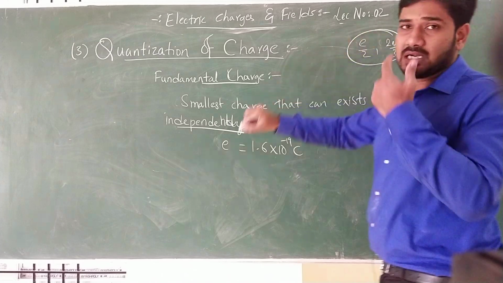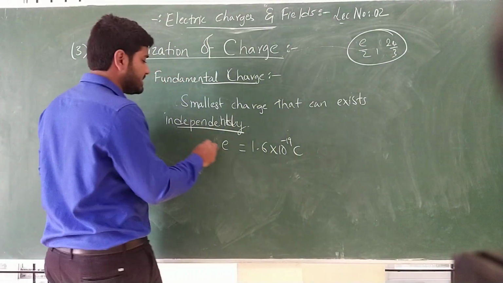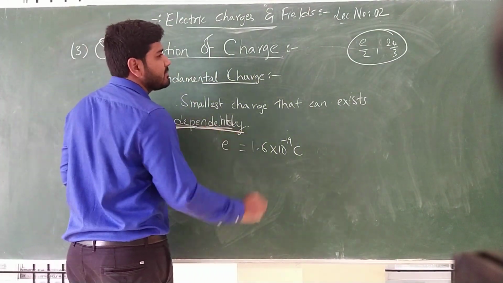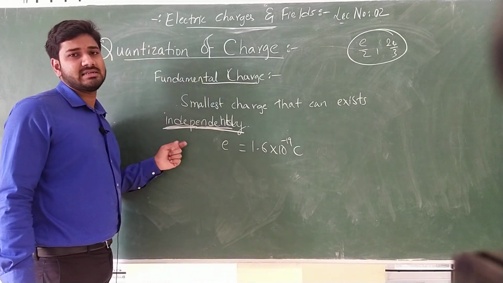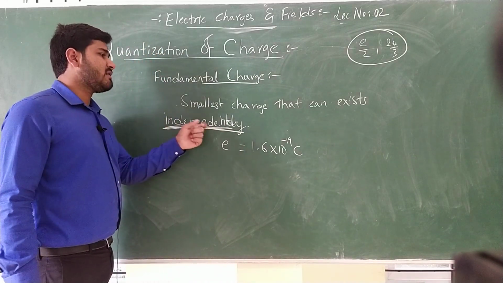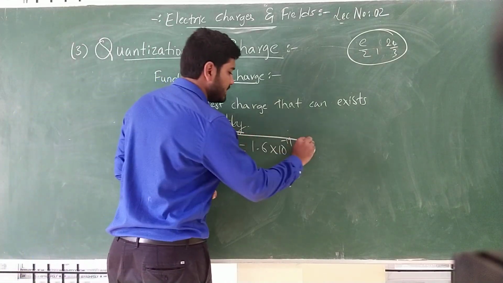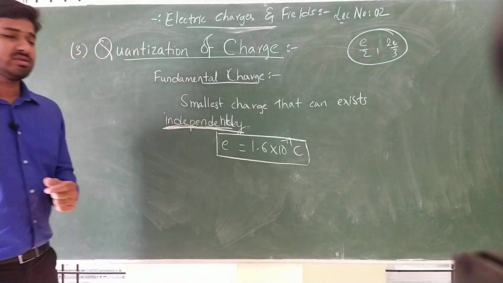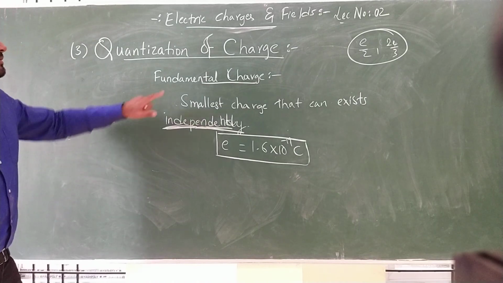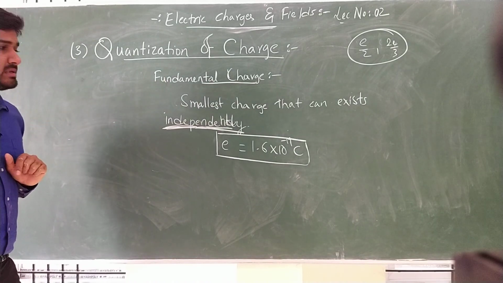They have charge, but they do not exist independently. Therefore, the smallest charge that can exist independently is e, that is 1.6 into 10 raised to minus 19 coulomb, and that is called the fundamental charge.